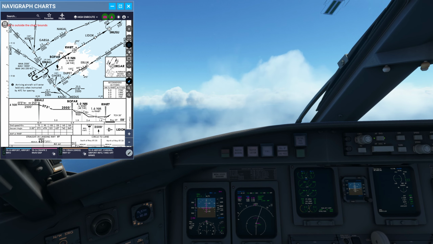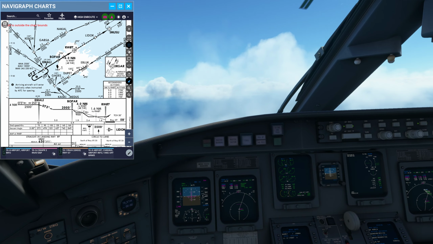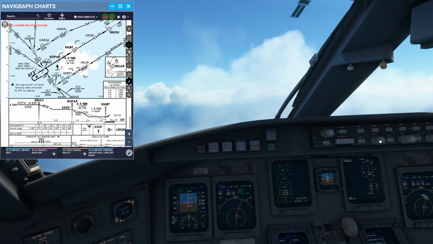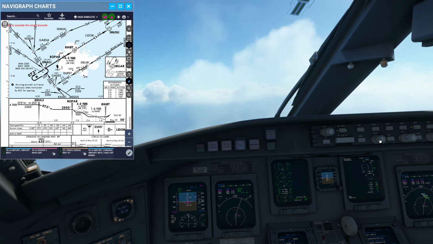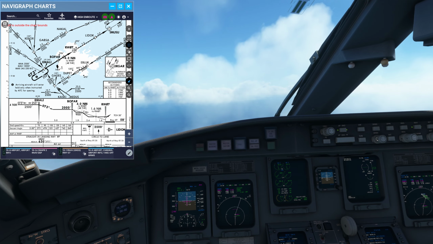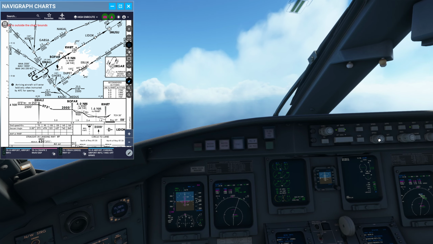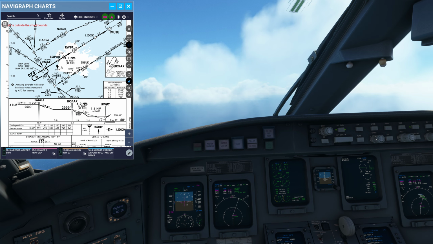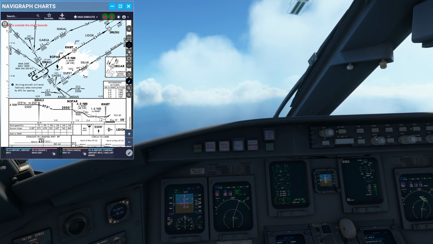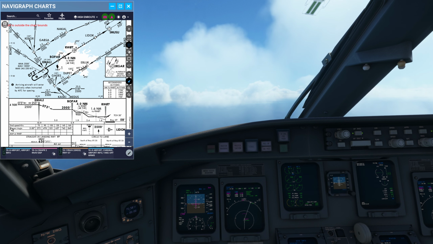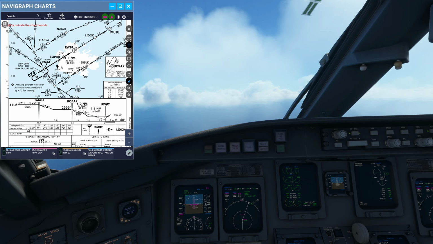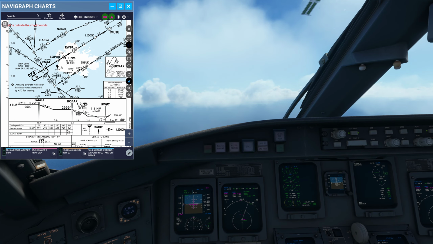Alright, here's Beaumet. 200 is what I'm looking for. That's my next speed. So I'd like to start slowing down now. And this is your ground speed, descent angle, feet per minute chart.